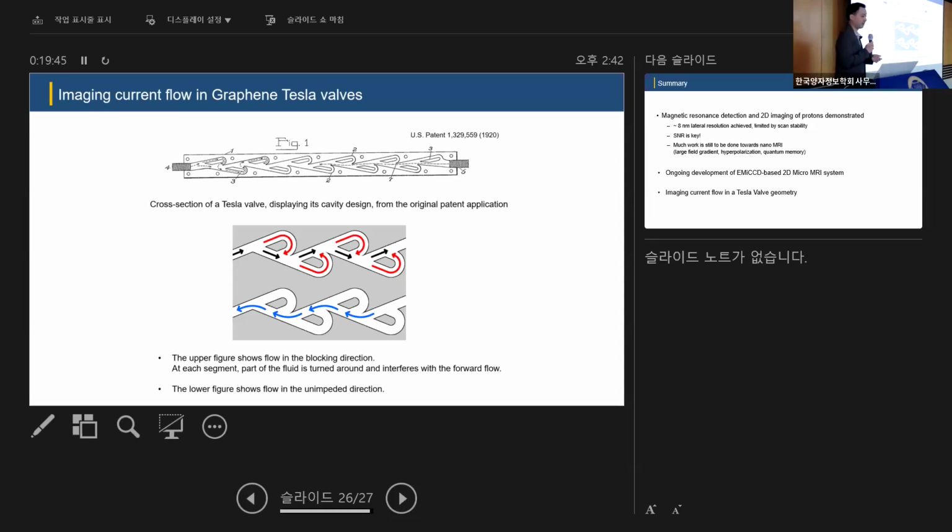In the previous slide I just introduced, they observed the viscous flow of the Dirac fluid in graphene. Building on that, we aim to investigate whether hydrodynamic behavior can actually cause directional electrical resistance in a graphene Tesla valve structure.